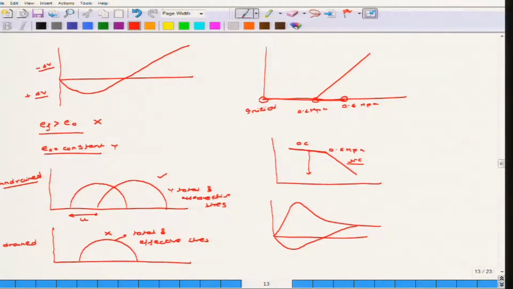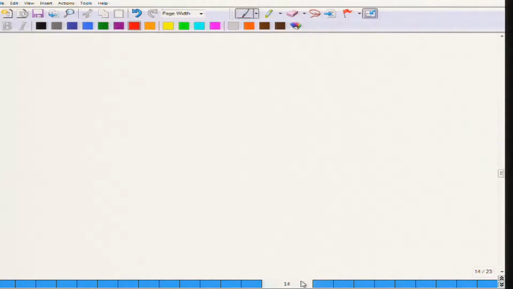Now, let us move to the last question, which says that a consolidated undrained test is conducted and the consolidation stress was sigma 3 dash.